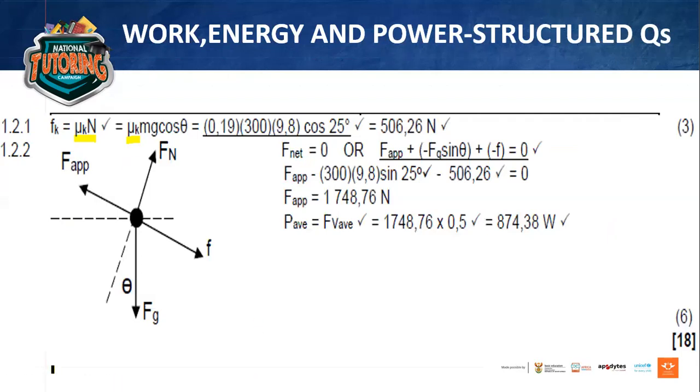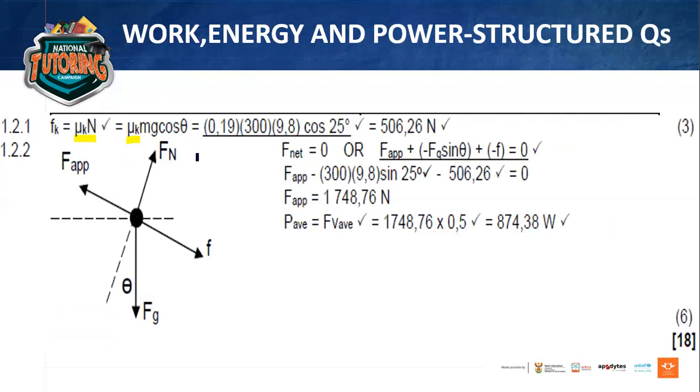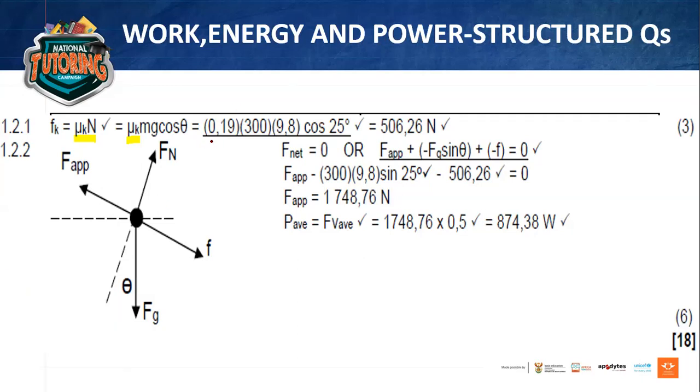Then you substitute: the coefficient was given as 0.19, the mass was 300 kg, g is a constant 9.8, and cos of the angle of the incline, which is 25 degrees, and that gives us 506.26 newtons.